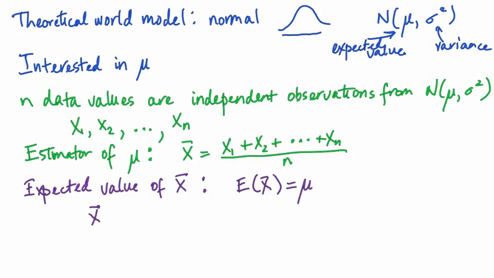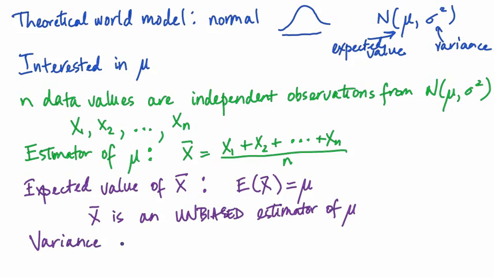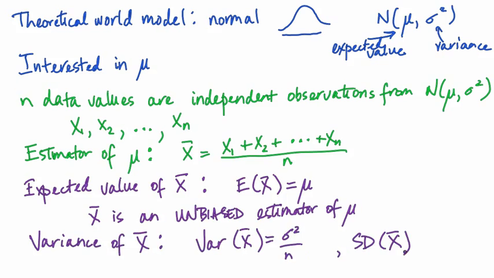In other words, x bar is an unbiased estimator for mu. If x1 through xn all have the same variance, sigma squared, and they're independent of each other, we also previously saw that the variance of x bar is sigma squared over n, and then the standard deviation of x bar is sigma over the square root of n.